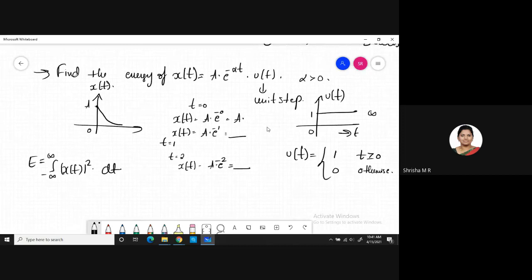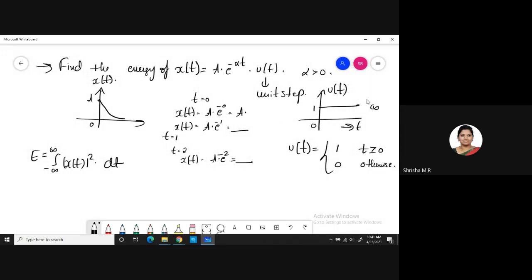So u of t is a signal which exists from 0 up to infinity. So the limits change from 0 up to infinity, correct? So t is equal to 0 up to infinity, of a into e power minus alpha t into u of t, where we take u of t as 1, whole square into dt.